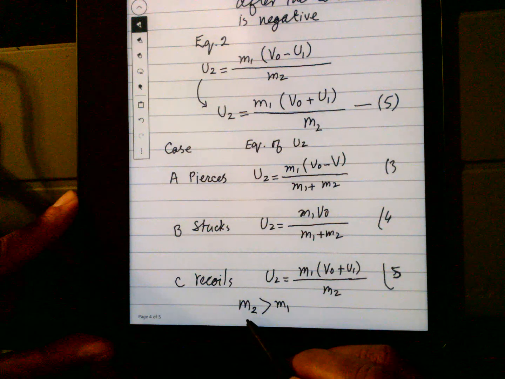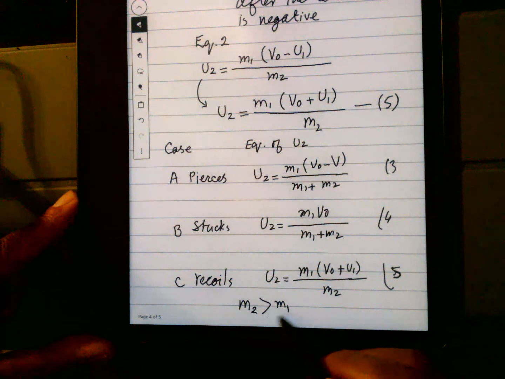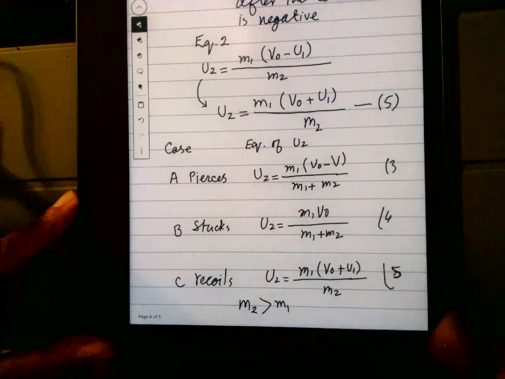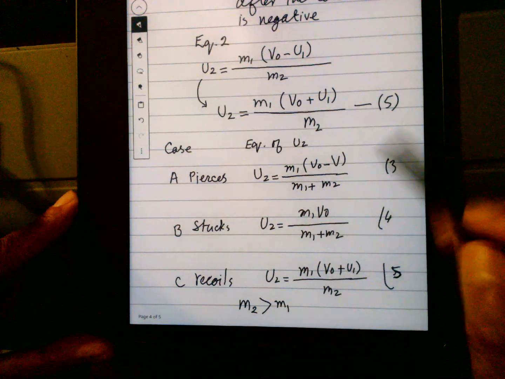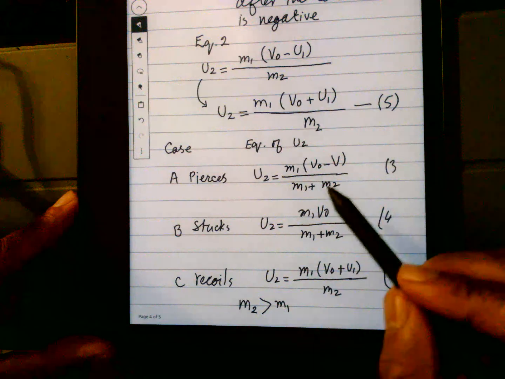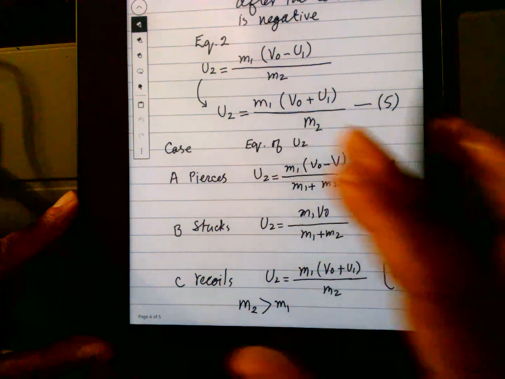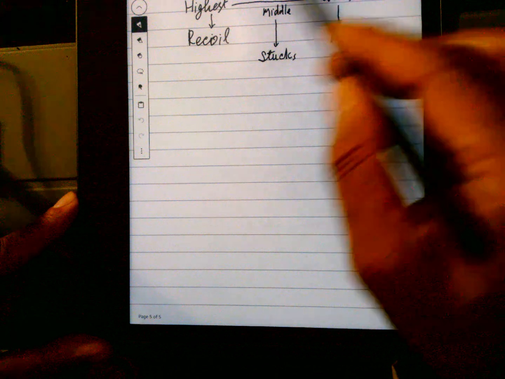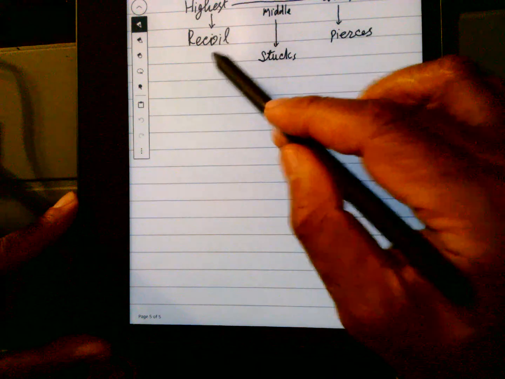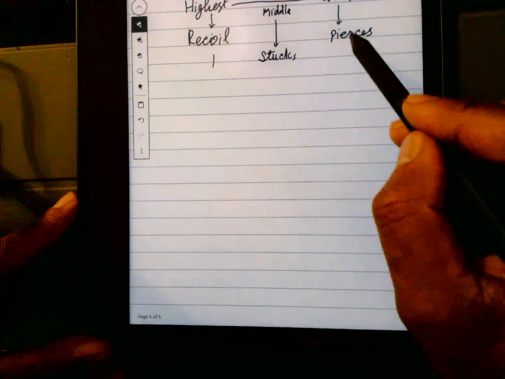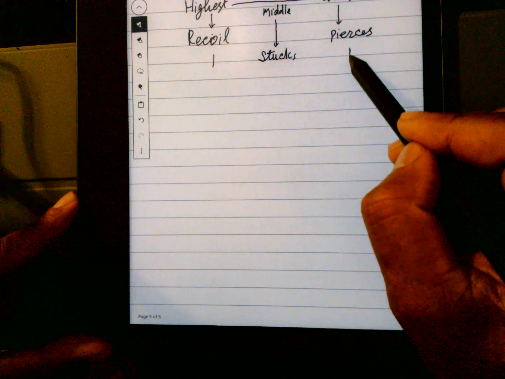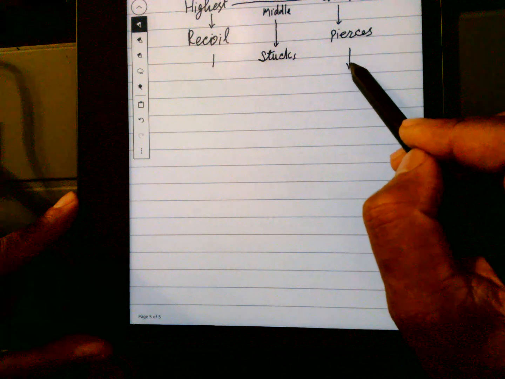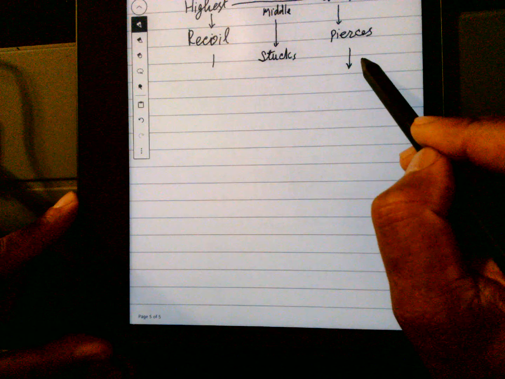Also, M2, the object, is very large compared to the bullet mass. So if you look at this, for the velocity of the object from highest to lowest, the highest will be the recoil, and the lowest will be the piercing case, where the bullet retains more velocity.